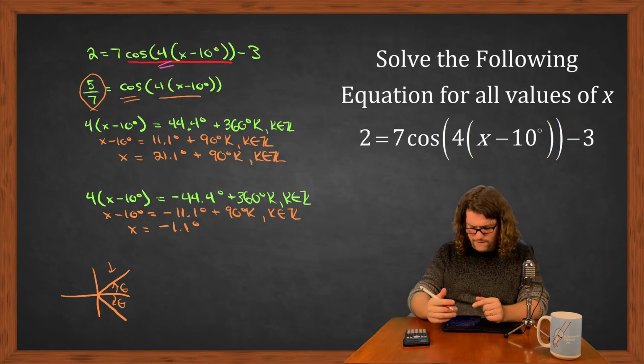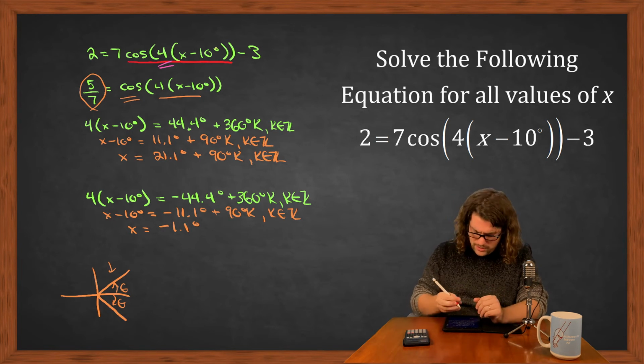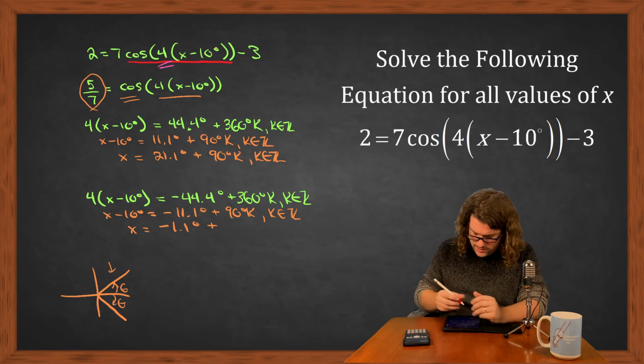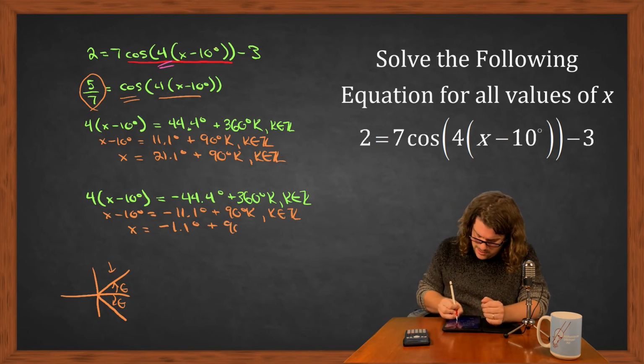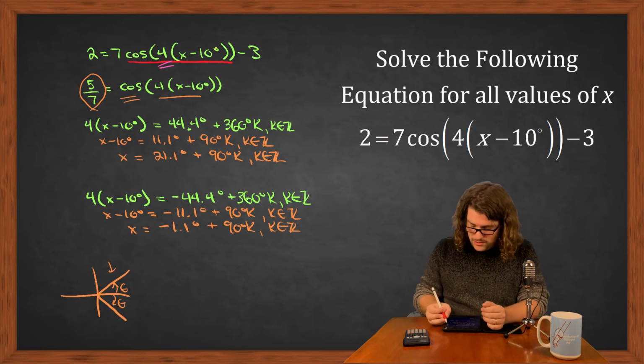So be careful when setting these sorts of things up that you don't just copy what you have for your other line. Actually work the algebra through and make sure you're on the right path there. So negative 1.1 degrees. And then because we're just adding 10, we group it together with the part that's just a number. The 90 degrees times k is not touched, and so we'll have that k has to be an integer. All right, so I have my 2 solution lines.